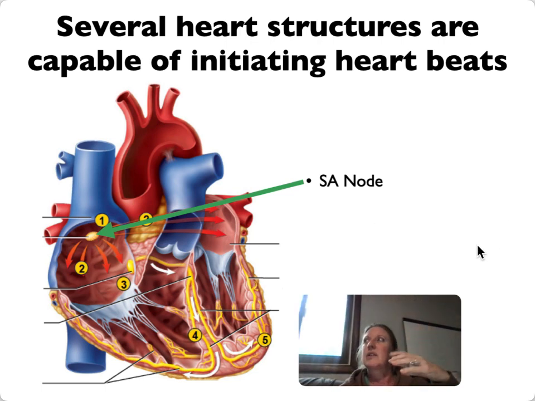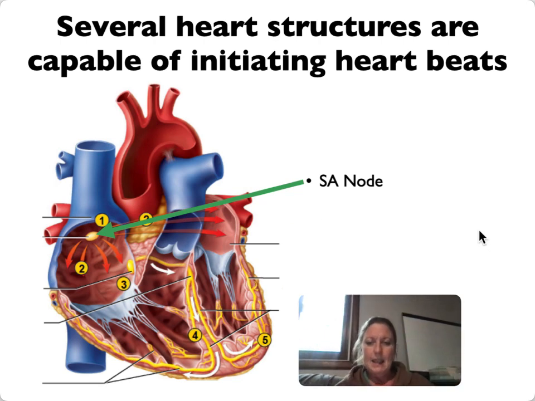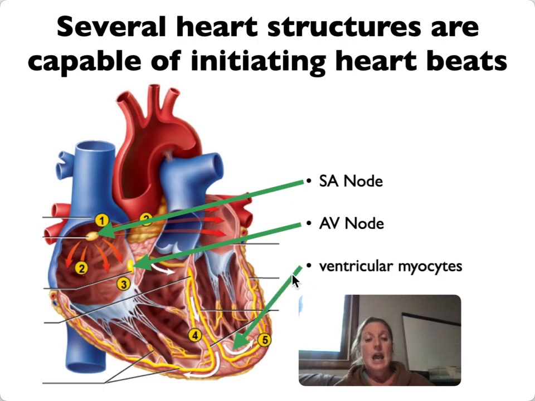Sinus means sort of opening or whole cavity. And the AV node, which is right here, that stands for atrioventricular because it's located between the atrium and the ventricles, more or less. And the ventricular myocytes themselves.